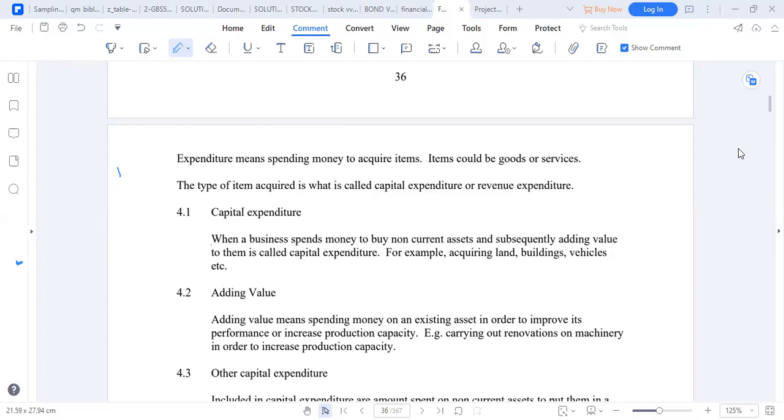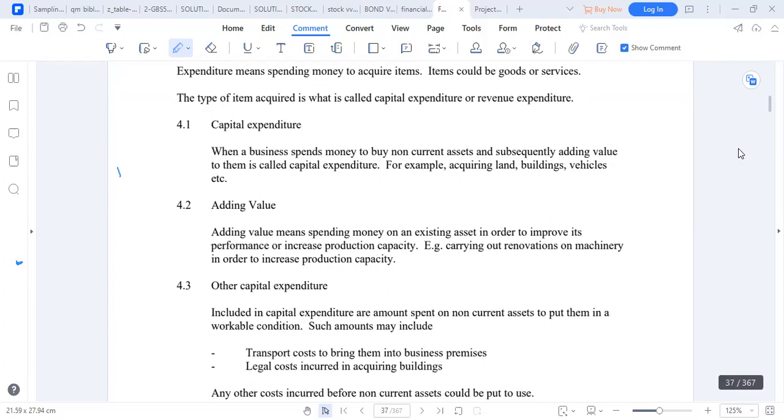For example, if you're buying land, buildings, vehicles, that is capital expenditure. Also, when you're adding value by spending money on an already existing asset, like painting and renovations, these also increase the production capacity. So this also falls under what?